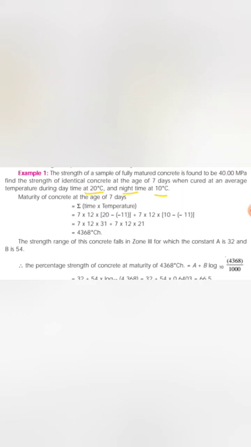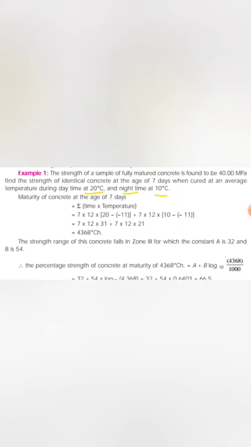Because on site, if we want to strip the formworks, we need to satisfy a particular stress bearing capacity of the concrete structures. If it has attained that value, then we can remove the formworks. Based on that only, we schedule the dates for removal of the formworks.